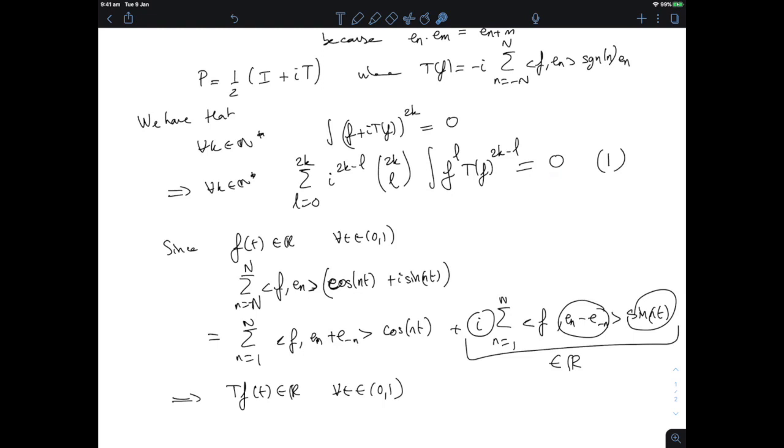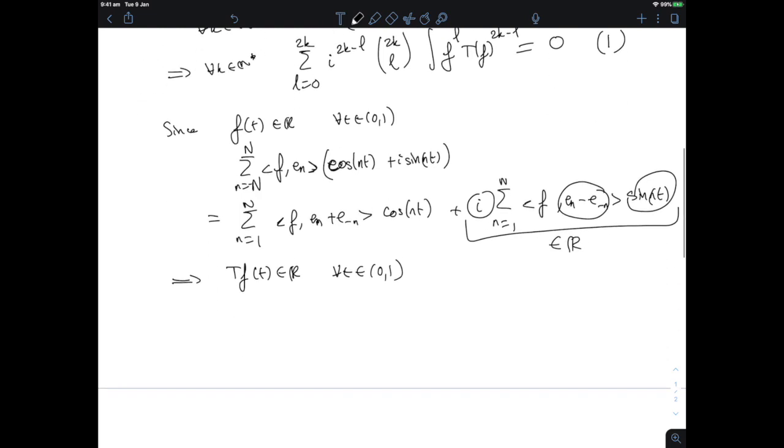So the only way it can be equal to 0 is if both the real part and the imaginary part are equal to 0. So taking the real part in 1, what do I get? I get that for every k in N star, the real part corresponds to choices of L that are of the form 2 times something.